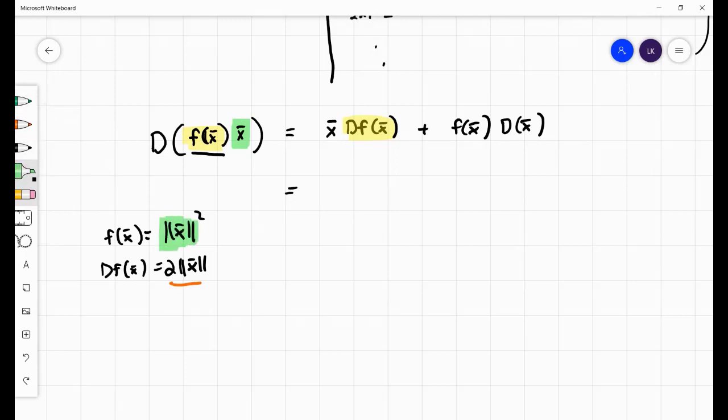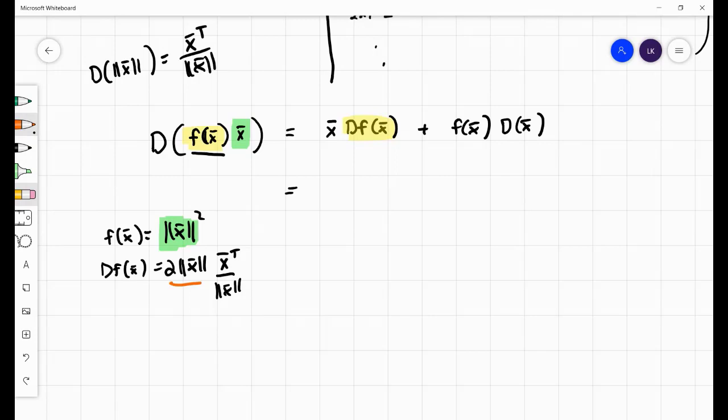So that's the magnitude of x. And we know that the derivative of the magnitude of x is just x transposed divided by its magnitude. We derived that formula. That's why I started with one of the basic examples. It's good to know for the problems. Okay.